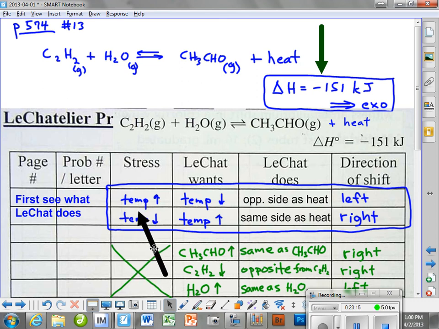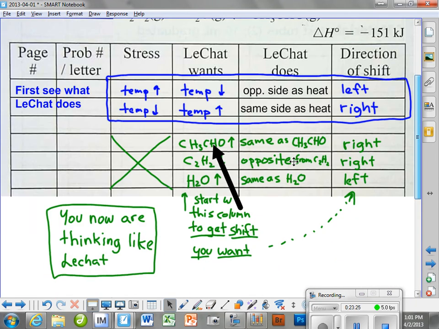This had to be done to find out what I need to do as a stressor to make Le Chat do what I want him to do when we need to get more of this. So more of this happens with a right shift, and I go back here to see that a right shift is caused by my doing a temperature down shift.